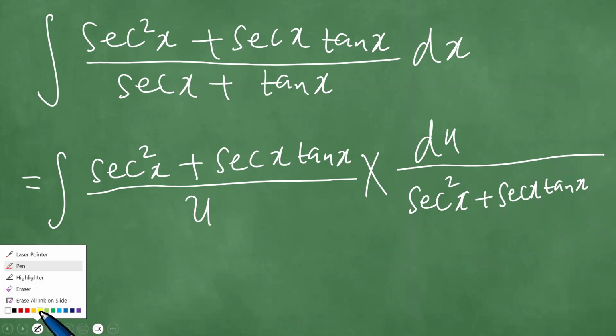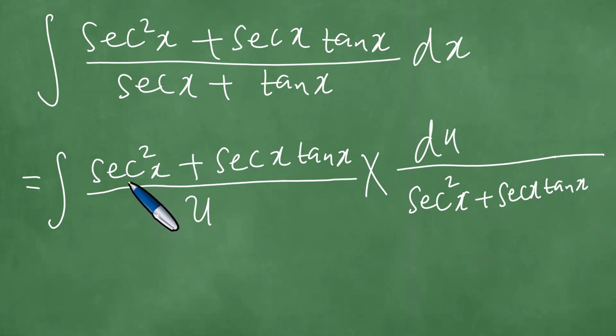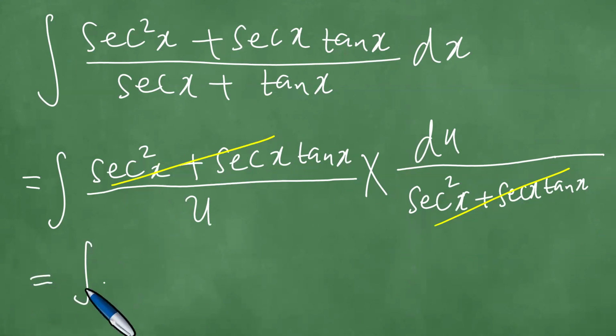Upon careful examination, we're able to see that these cancel, leaving us with only the integral of 1 over u du.